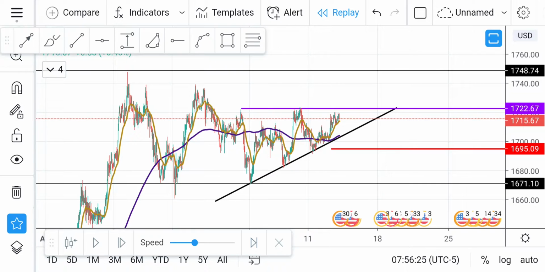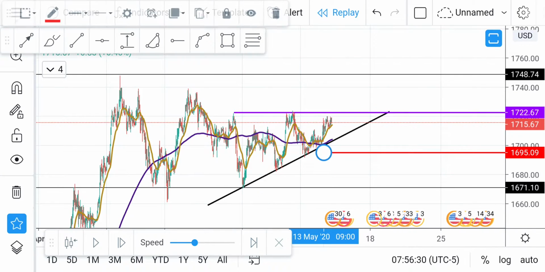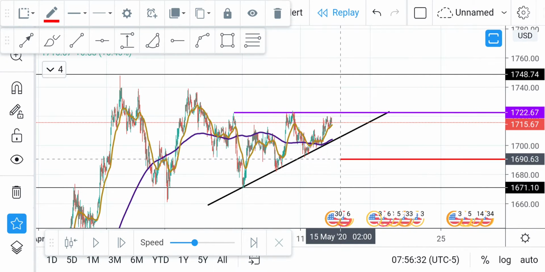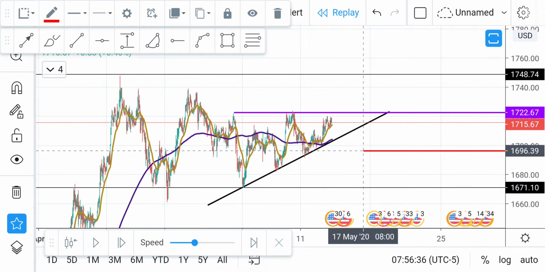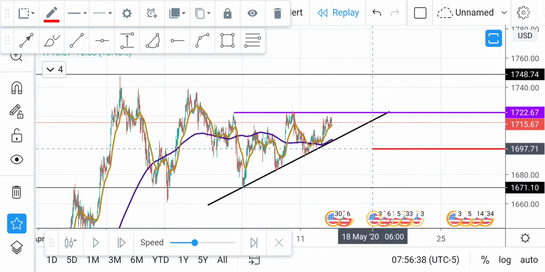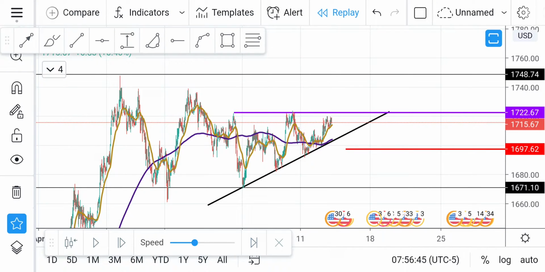That's the concept. Or you can also put it below this swing low. It's still okay, but to be more conservative, we just put it over here, just below the 200 period moving average.